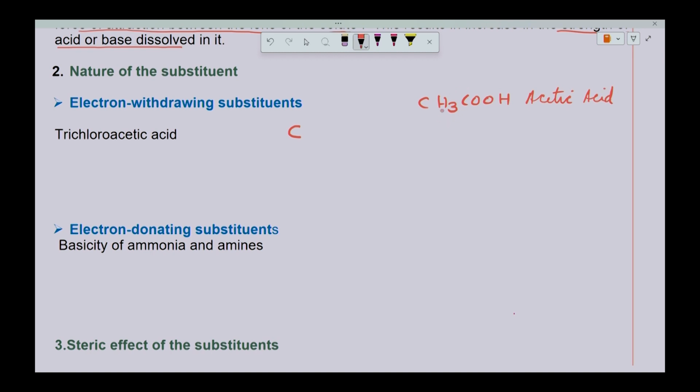Acetic acid whose 3 hydrogen atoms are substituted by chlorine atoms becomes trichloroacetic acid. Okay. Now, just think of this carbon attached to 3 chlorine atoms, and then comes COOH.